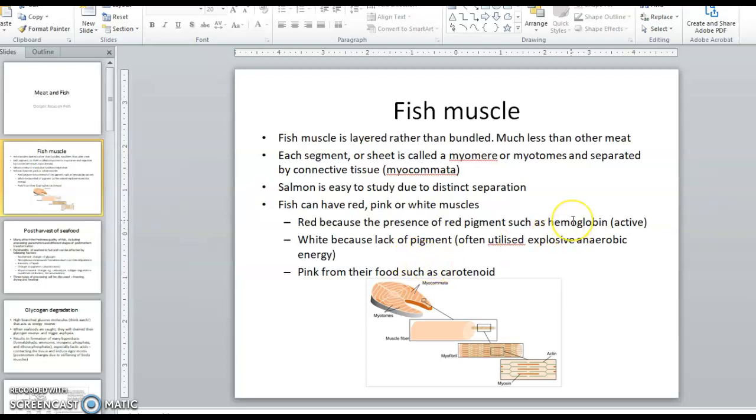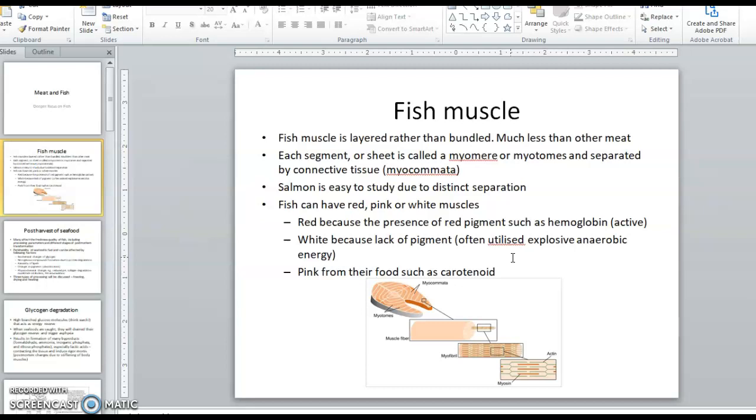What it means is that if the fish is red, usually the fish is very active. But if the fish is white, it means that the fish commonly uses anaerobic respiration, meaning that they are not very active. They can swim very fast, or when you catch them in the fishing net, they can move very violently, but for a very short time, because anaerobic respiration is less efficient than aerobic respiration.